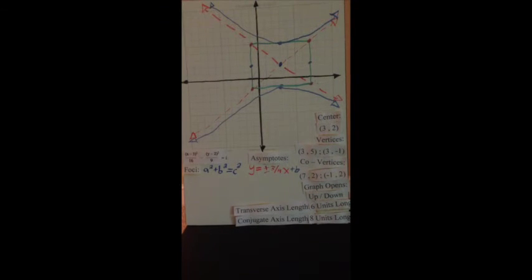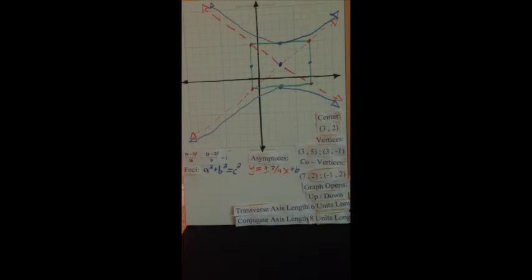And what's a, you ask? A is going to be the square root of one of the denominators, squared. And then b is going to be the square root of the other denominator, squared. So it doesn't matter what order they go in because it's a plus sign and not a minus sign. For an ellipse it would matter, but that's for another video.